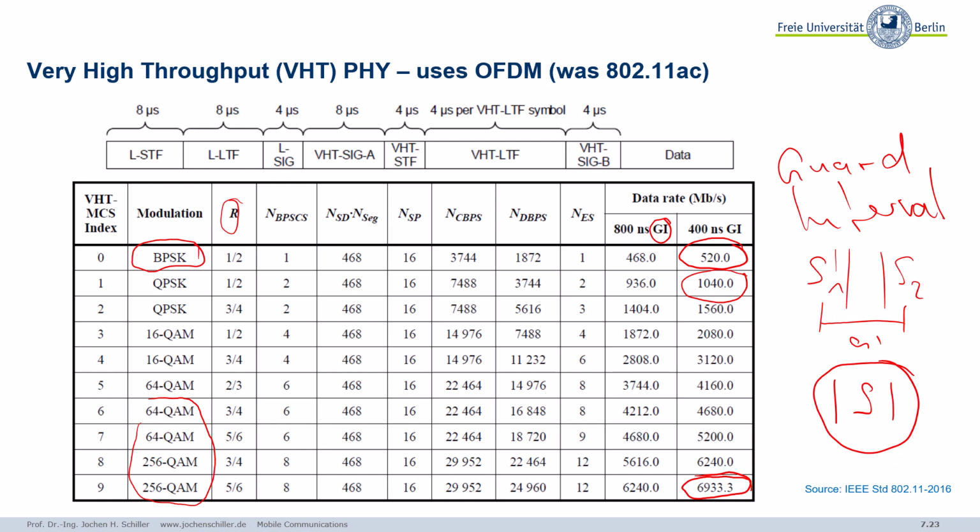Under ideal situations: not that much interference, same room, line of sight, etc. So new modulation schemes, different coding, different guard intervals lead to pretty high data rates.